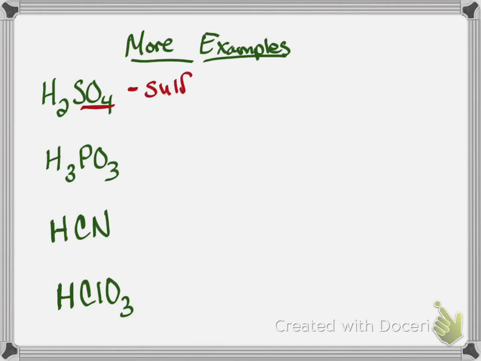Some of you may have written sulfic acid, but one thing we will learn is that sometimes there was a name already established, and this one is known as sulfuric acid. It's just something you kind of have to go with.